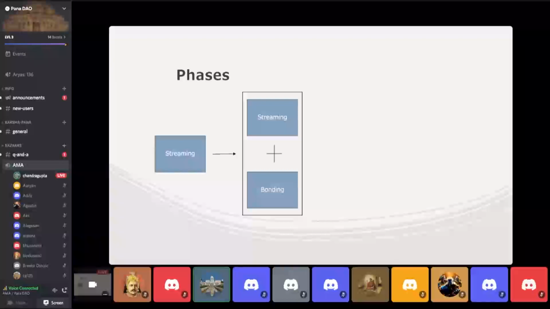At this phase, we would also reduce the rewards for streaming so that more and more people would be attracted towards bonding. The reward rates for bonding would be attractive at this stage. The reason why we are doing a hybrid methodology is because we want to make this phase a training ground for our new users to get trained with the bonding mechanics, because bonding is going to be the primary mechanism through which the protocol is going to mint new tokens in future.